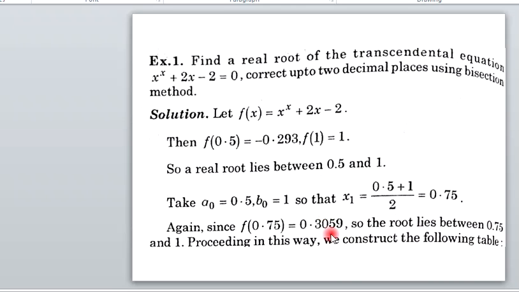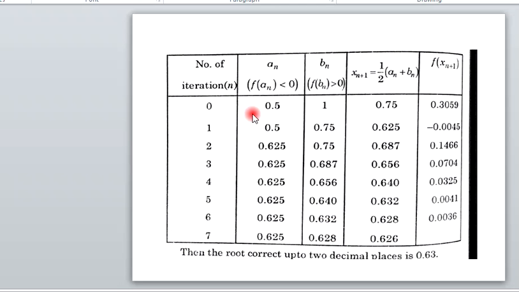So in the next table we are calculating with a0, b0, and this is x1, taking n equals 0, and the functional value is positive. If the functional value is positive, then our positive root will be changed. That means the new root should be taken in the positive column, and the other value will be fixed, as earlier.